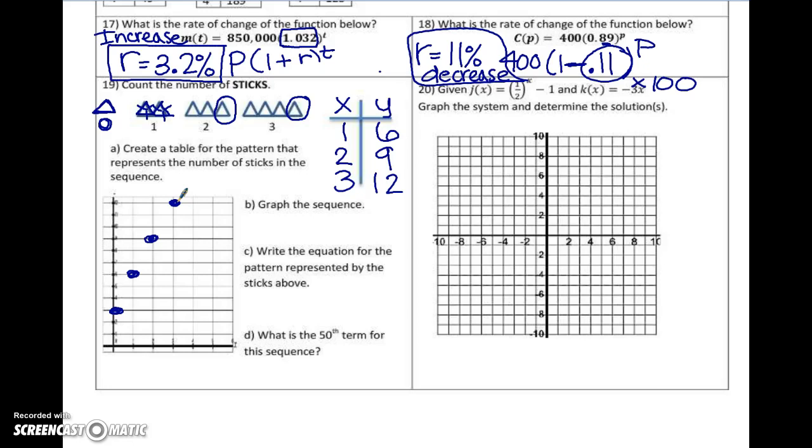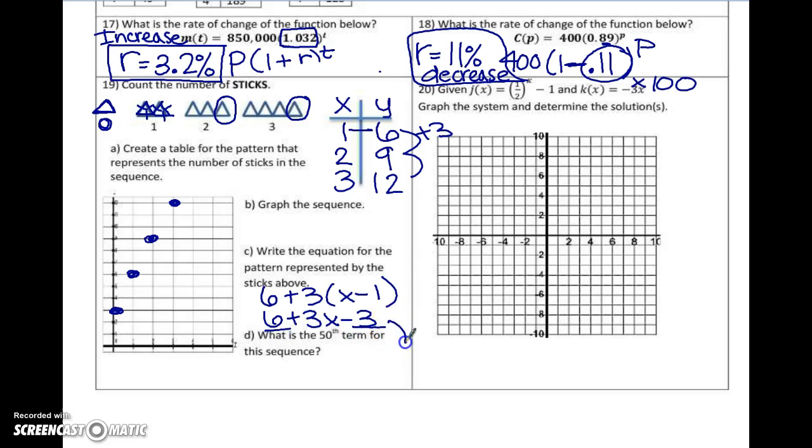Write an equation for the number of sticks. So we could write this out. Could write it as the first term is 6. It's adding 3 every time. And then x minus 1 because I used the 6. And if we simplify that, 6 minus 3 gives us 3.